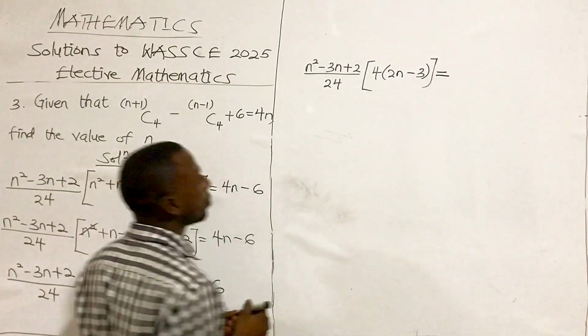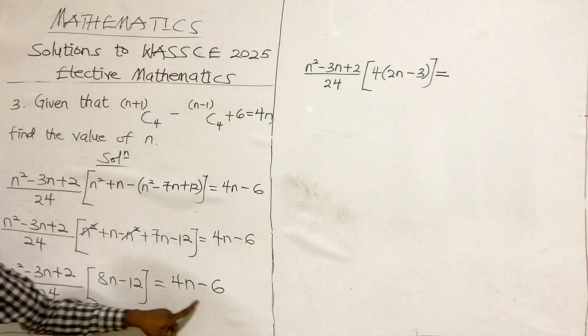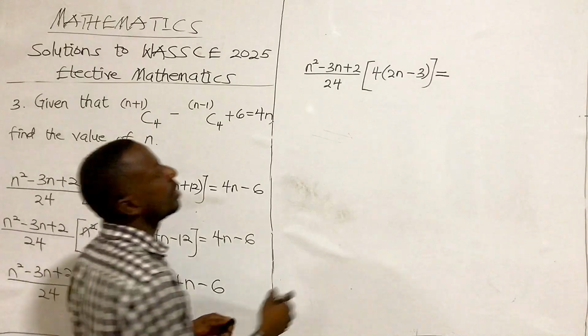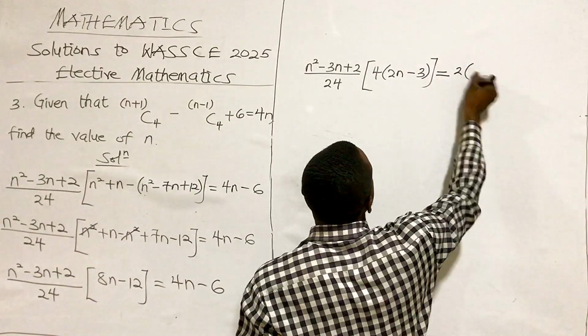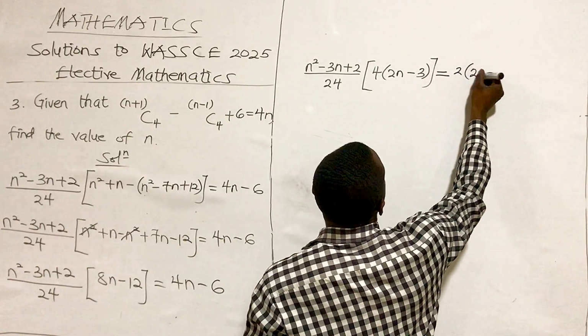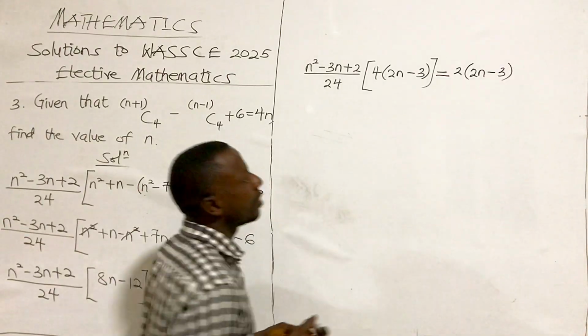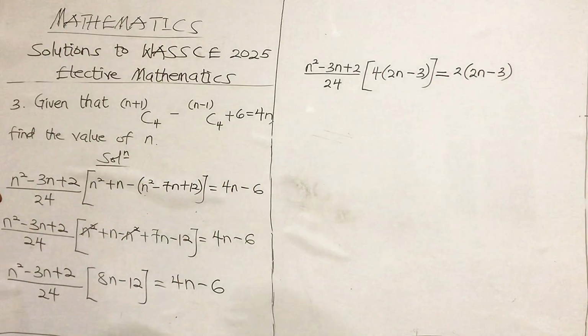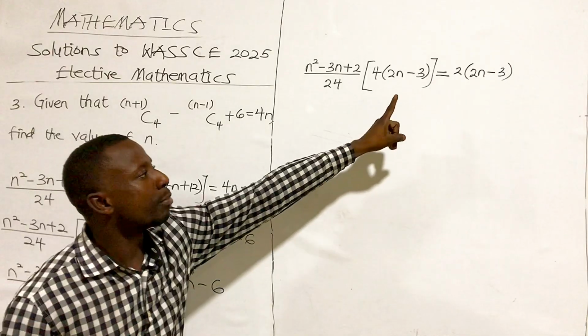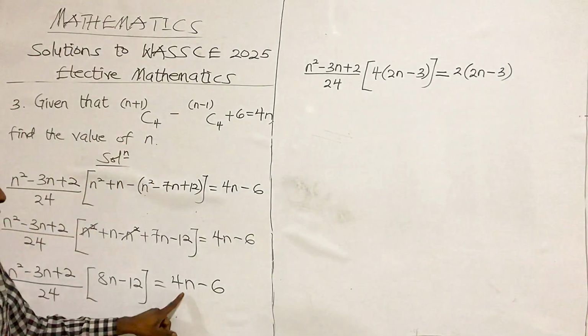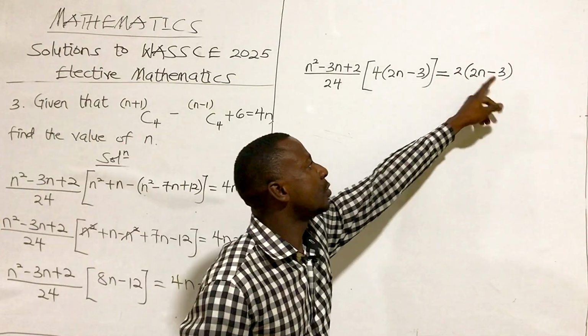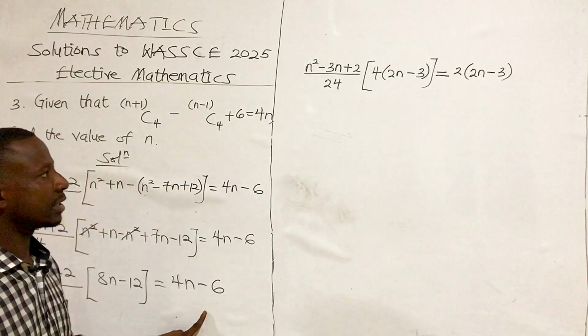which is equal to, then from here we can also factor 2 out. So we have 2 into bracket 2n minus 3. So over here we could also see that 2 multiplying 2n, we have 4n, minus 2 times 3, we have 6.